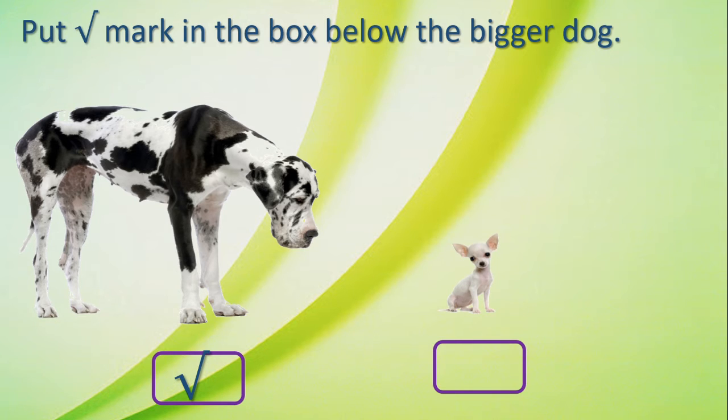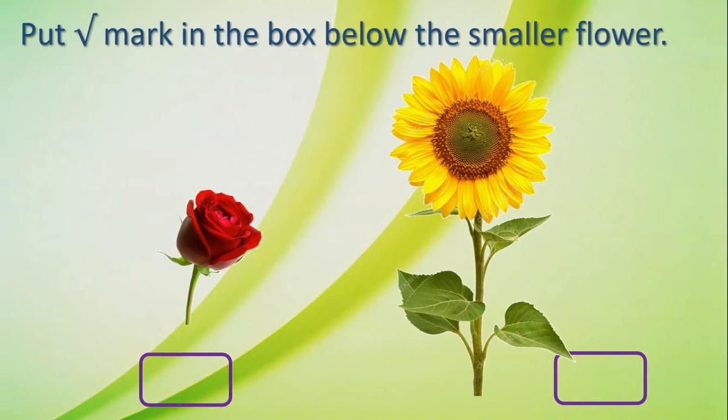Very good. Next, again we can see 2 pictures of flowers. Okay, now please read this. Put right mark in the box below the smaller flower. Here also we can see one is small and one is big. We have to put right mark in the box of the smaller flower.